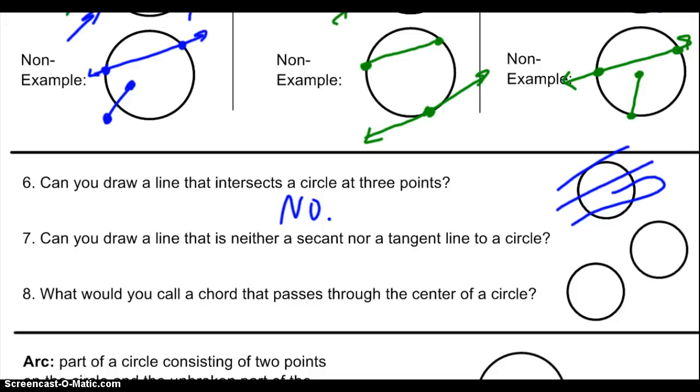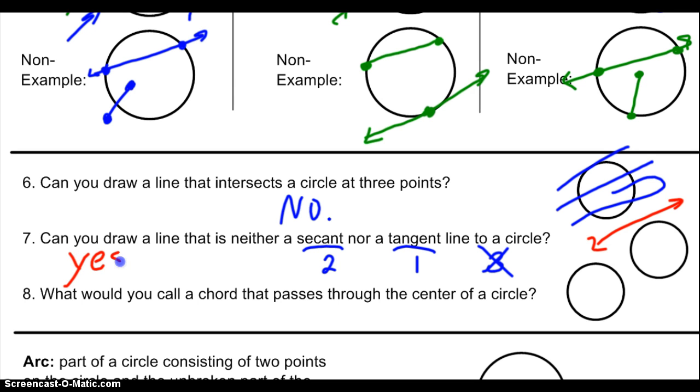Well, let's see. A secant intersects at 2 points. A tangent intersects at 1 point. We talked about how you can't have anything that intersects at 3 points. So maybe not. Well, wait, couldn't you have a line that intersects a circle at no points? What about something like this? It doesn't even touch the circle. I guess you could do that.